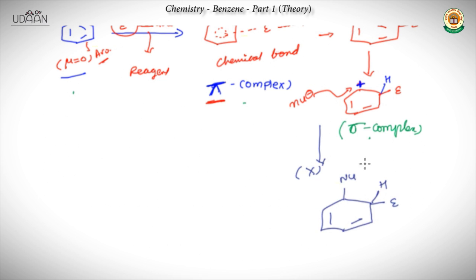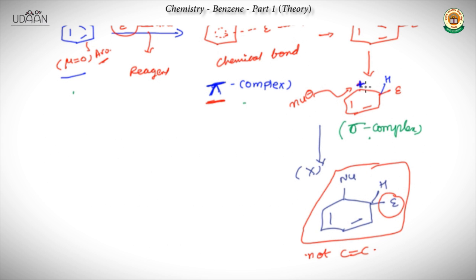What I mean to say is, if you just think it to be a normal C double bond C, assuming it to be a normal C double bond C, if you attack the electrophile first and then add a nucleophile and think that the reaction is occurring, you are wrong, because this won't occur. As you can see here, it doesn't have aromaticity, because it has lost its aromaticity. So this is giving less stability to the benzene ring owing to non-feasibility of the reaction.